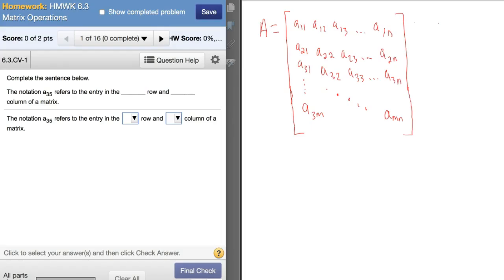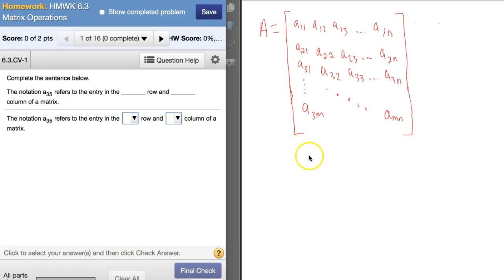In this particular example, the very first problem is asking us to complete this sentence, which says the notation A35 refers to the entry in blank row and blank column of the matrix.